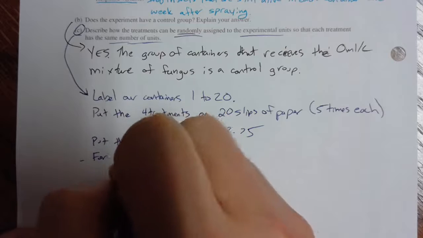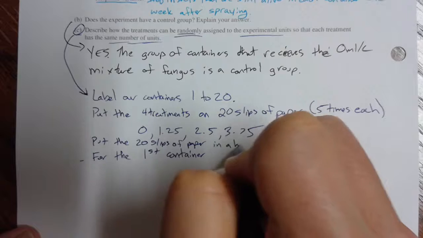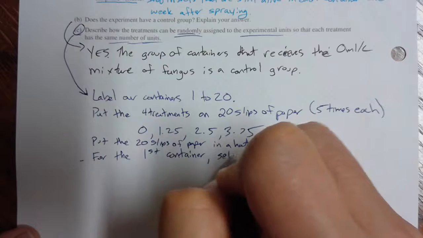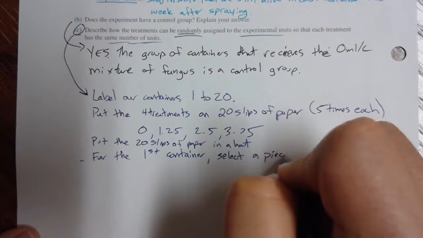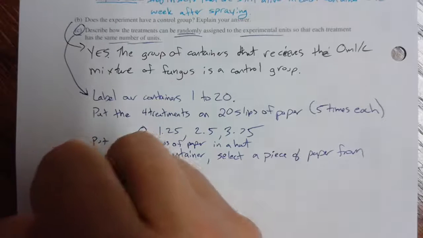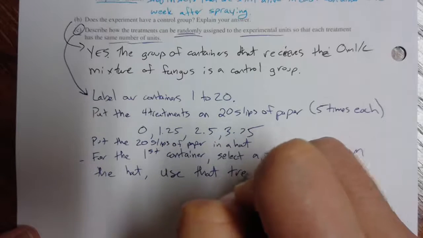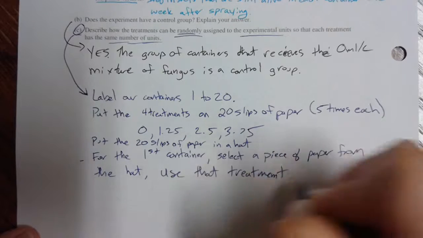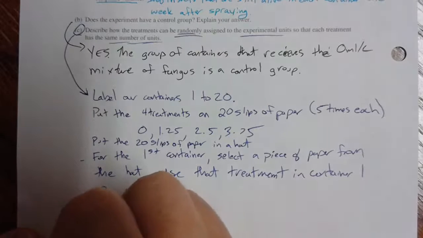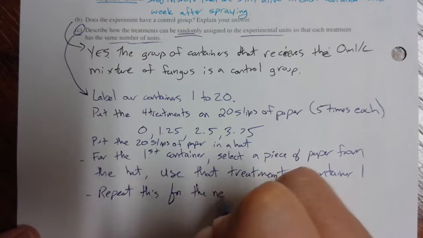Put the 20 slips of paper in a hat, and for the first container, select a piece of paper from the hat, and then use that treatment in container 1. And then we're going to repeat this for the next 19 containers.